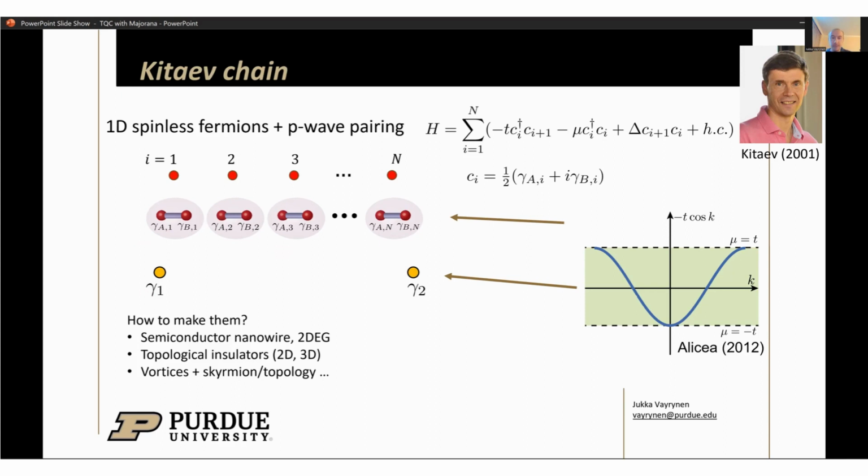There are many proposals on how to basically implement this Kitaev model. Some of the proposals are listed here. In this talk, I'll maybe briefly just show the semiconductor nanowire approach.